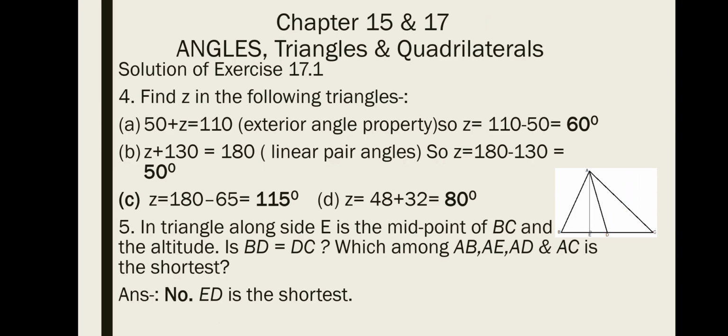No. Because yes, BD equal to DC, because AD is the altitude. So BD equal to DC. I have written the wrong answer. And ED is the shortest. So here please change this answer to yes, BD equal to DC.